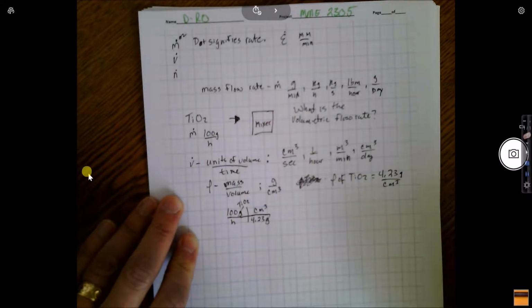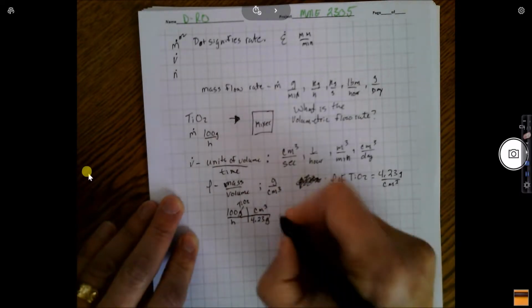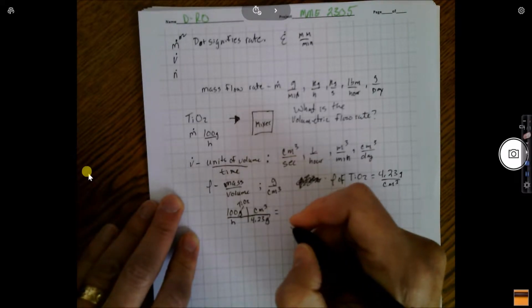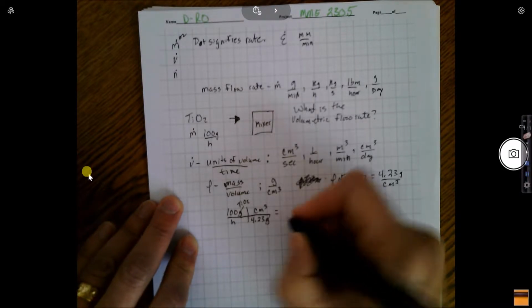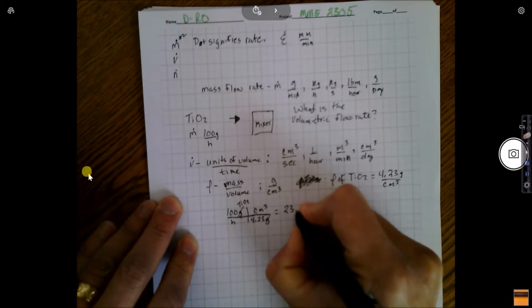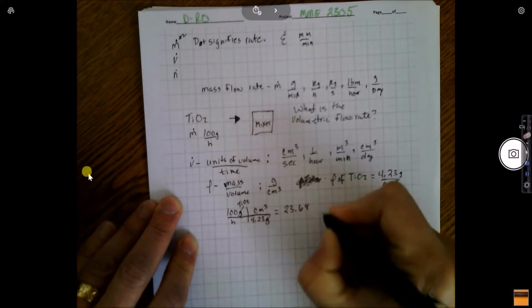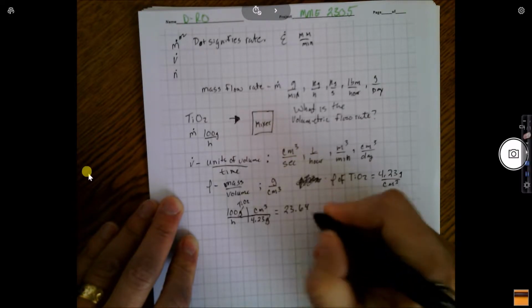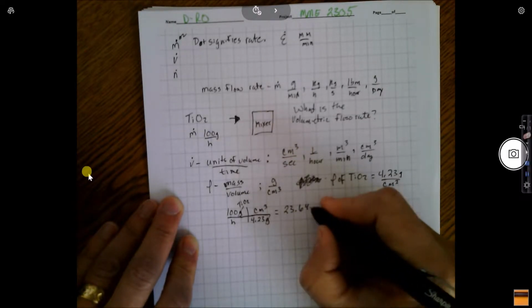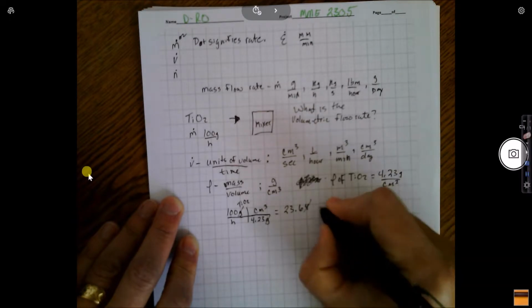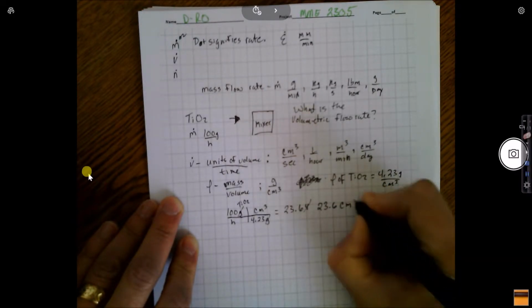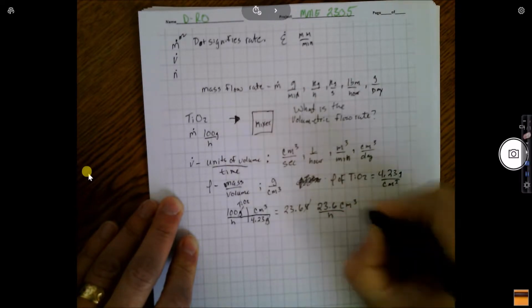So yes, grams cancel. If I divide 100 by 4.23, let's see, what do I get? I get 23.64. I believe in class we agreed just to report the first decimal point, so I would round, and we're below 5, so we can just go ahead and report 23.6 centimeters cubed per hour.